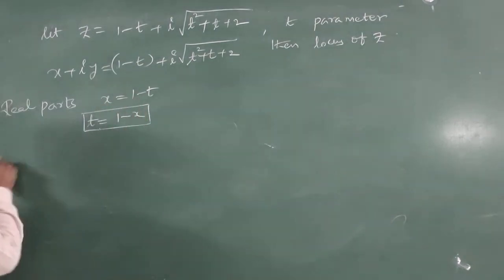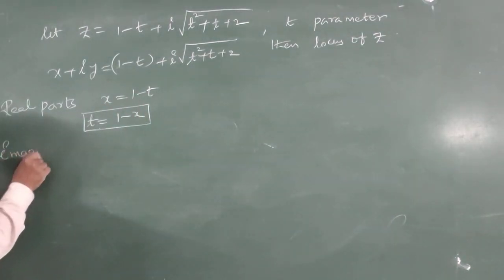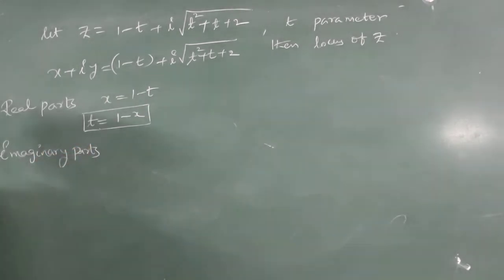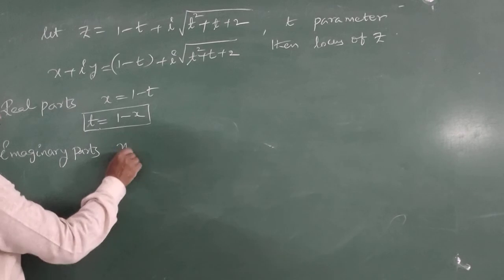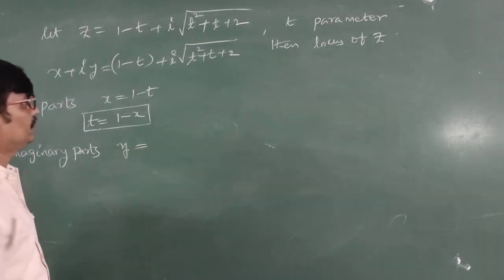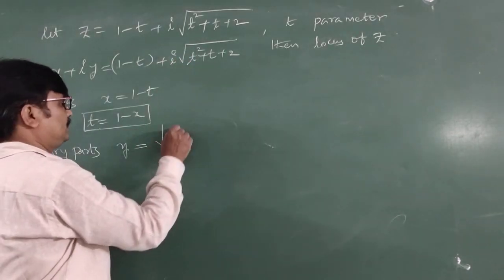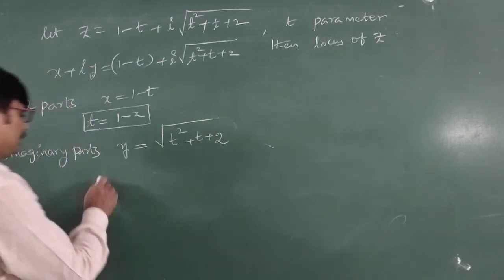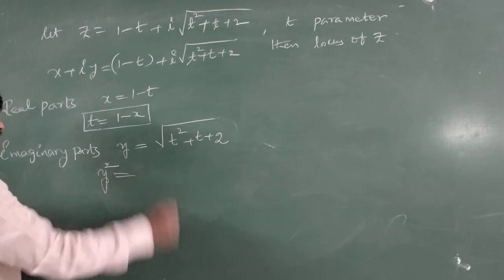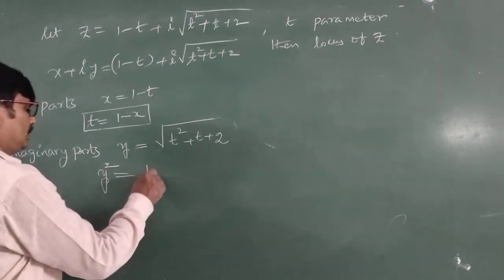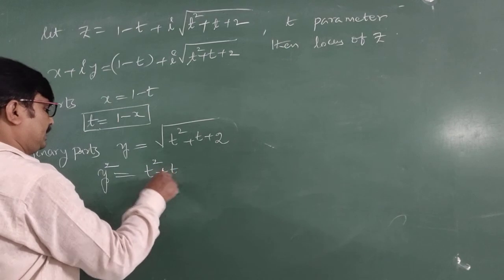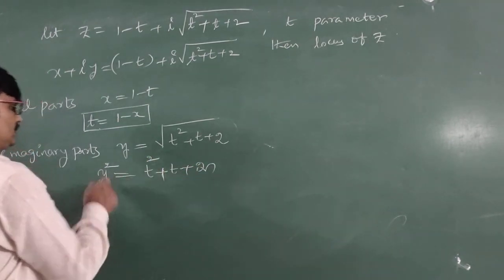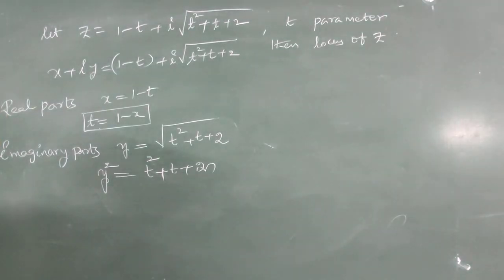Now equating the imaginary parts on both sides, the imaginary part is y. So y = the square root of t square + t + 2. Now squaring on both sides, we get y square = t square + t + 2.